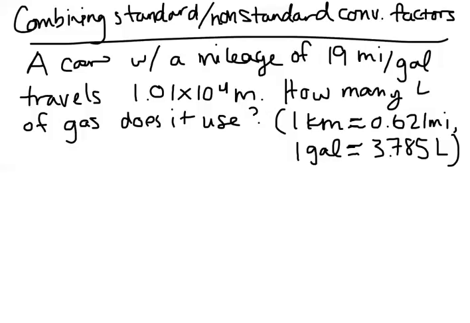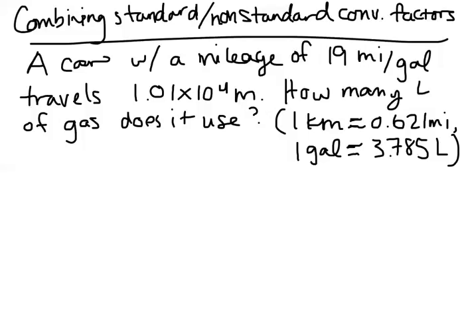Now, the conversion factor we're going to use is the mileage, because the mileage is what's getting us from the distance unit to the volume unit, miles per gallon. So you're going to have to go through that to get from distance to volume.